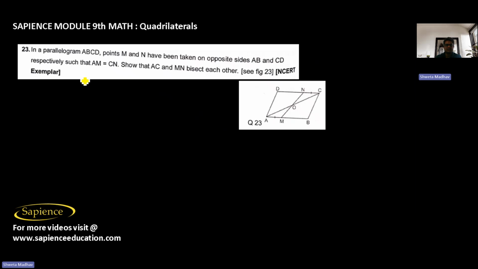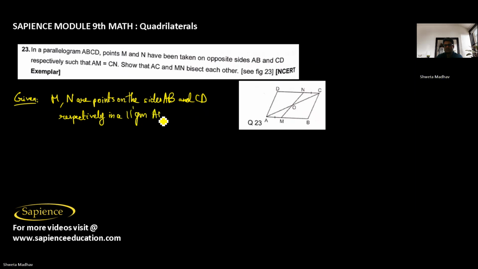And here it's told that in a parallelogram ABCD, points M and N have been taken on opposite sides AB and CD respectively, such that AM equals CN.